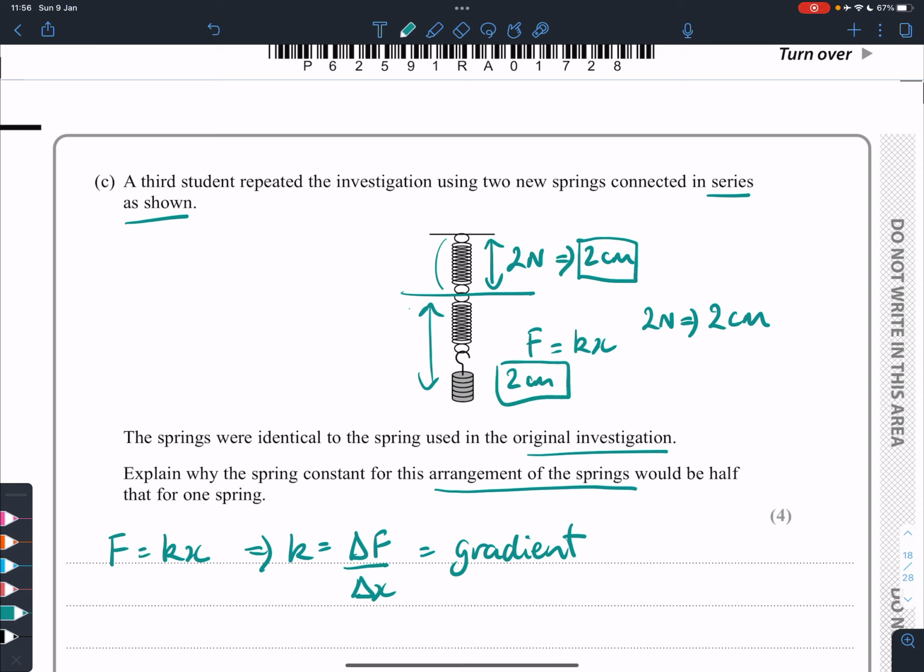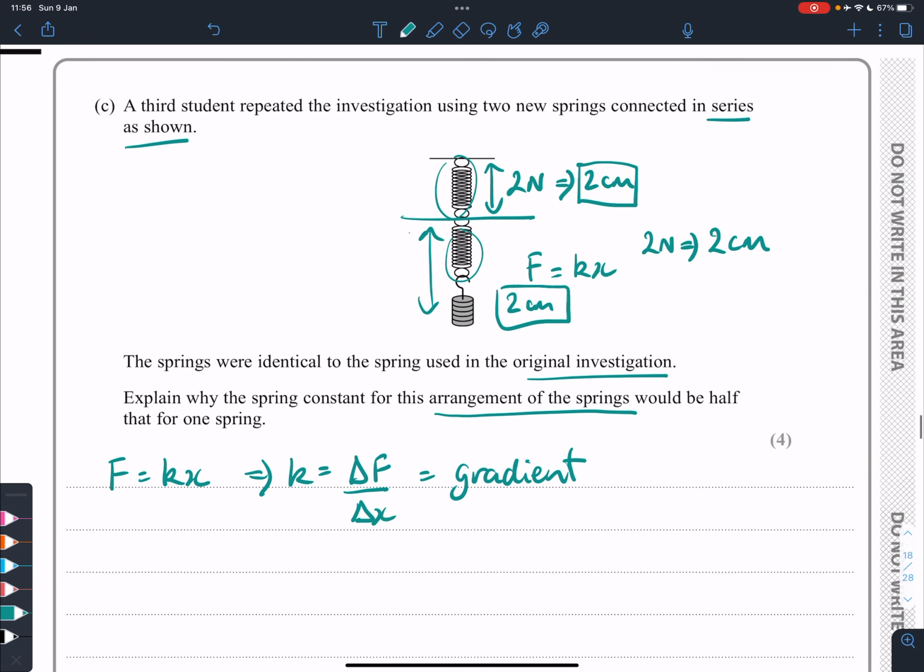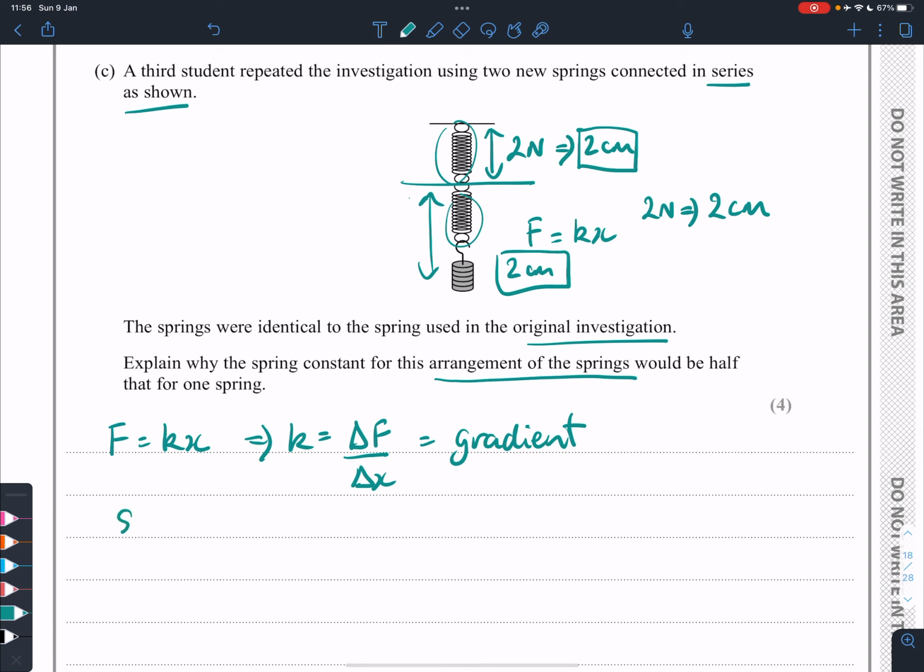If we ignore the mass of the spring, because technically the mass of the spring would mean that the load on this is a little bit more than 2 newtons. So what we're getting is, for the same load, twice the extension.